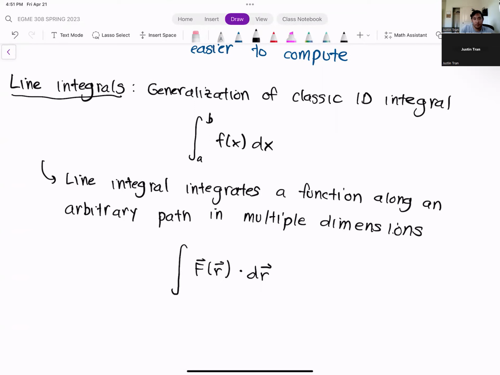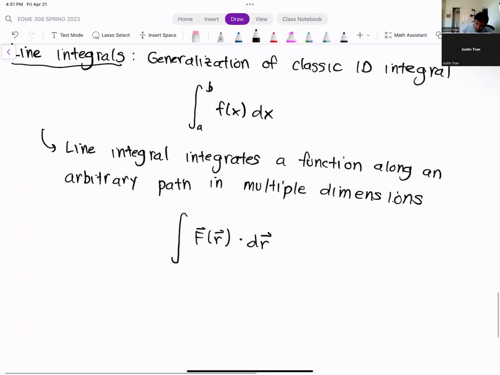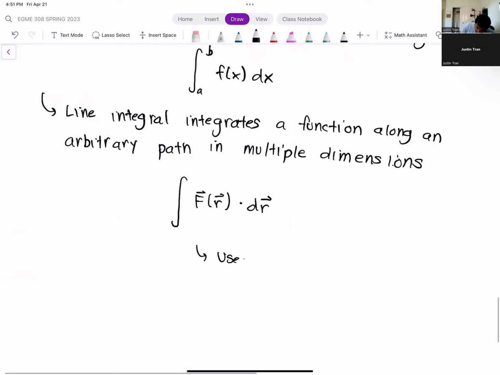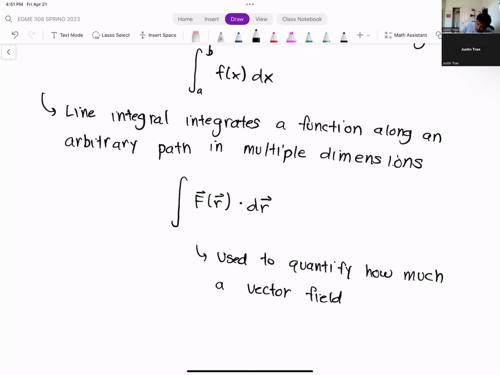And so traditionally, what we use the line integral for, especially in Green's theorem, is to see how much of a vector field aligns with a certain path, where our path is given by r of t.